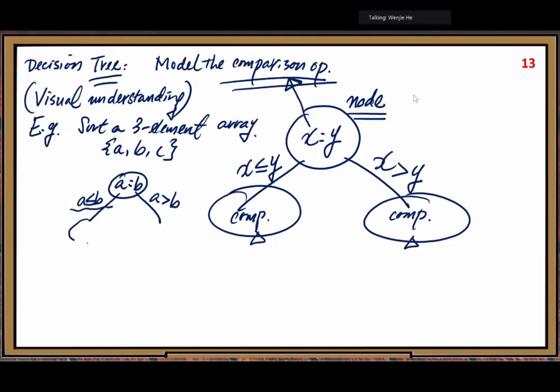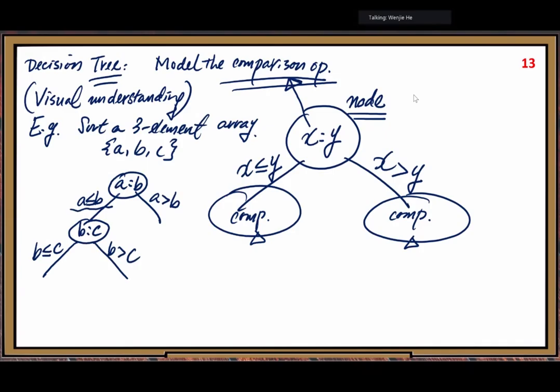So what is our next comparison? How about B:C? We compare B and C. So then, 2 branches, left branch B less than or equal to C, right branch B greater than C.